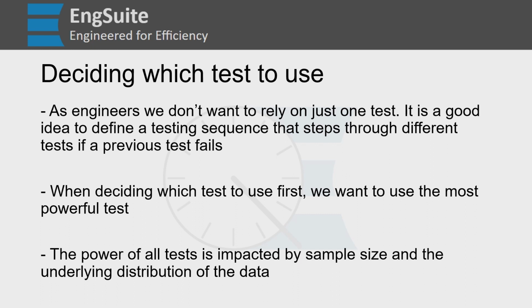As engineers, we don't want to rely on one test. I want to throw that out here right now because it's really a good idea to define a testing sequence that steps through different tests if previous tests fail. You don't just have to use one if one passes. Let's say maybe you always do a double Shapiro-Wilk Lilliefors. That to me is probably your greatest option.